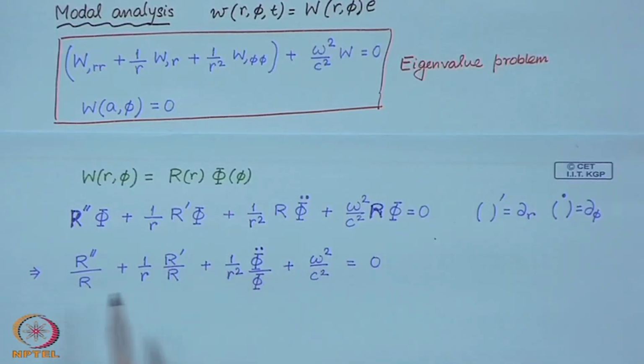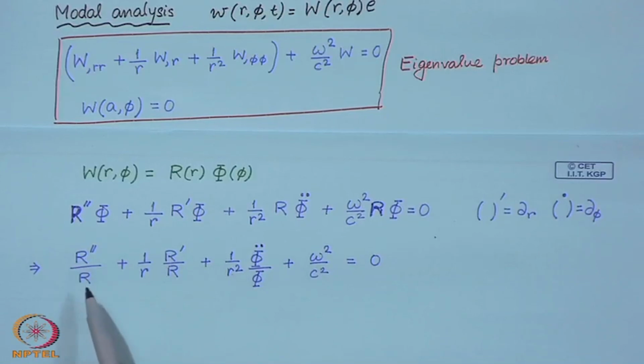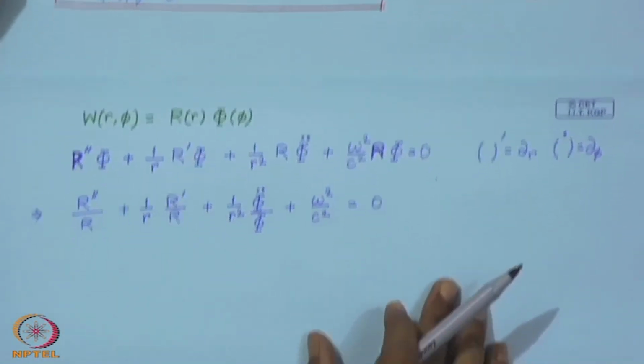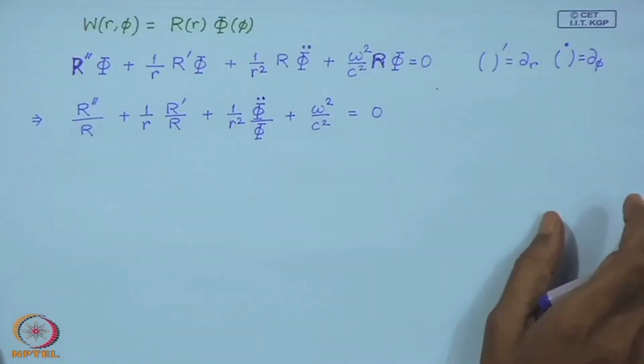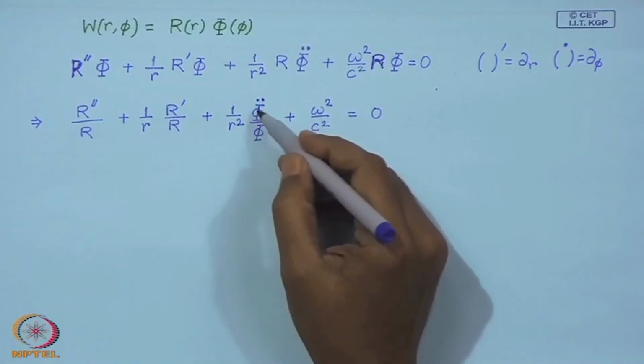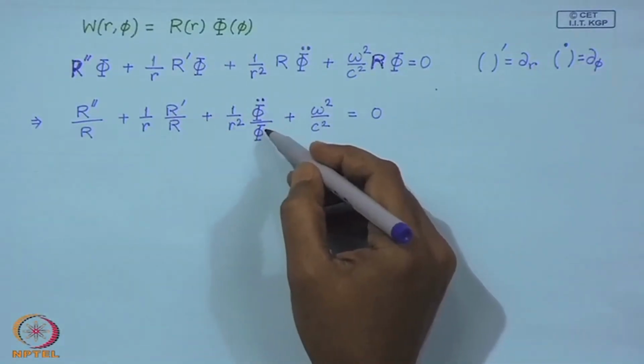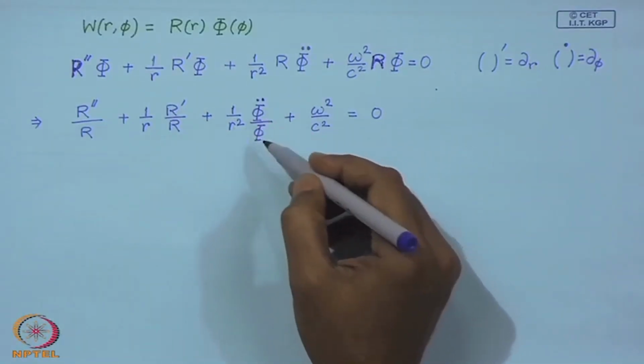Now, you see that this capital R is only a function of the coordinate r, while Phi is only a function of the coordinate phi.